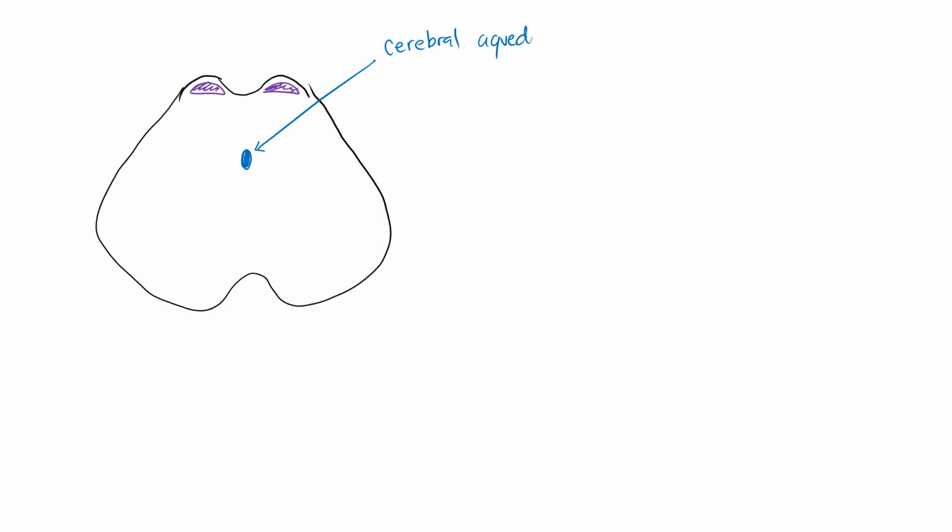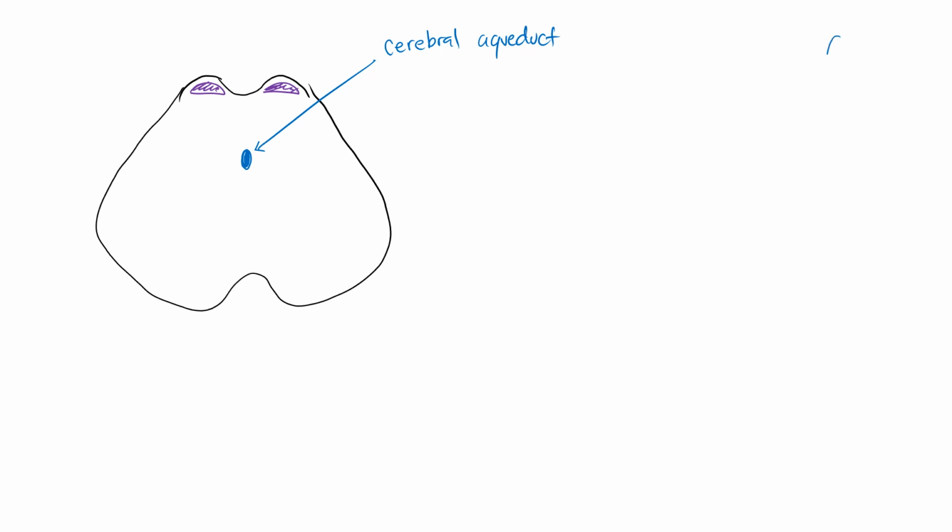Now, not only is this a very important landmark, but it's a very important structure in itself. It is part of your ventricular system. Since we've already touched on the term, I'll just give you a quick preview of what the ventricular system of the brain is.